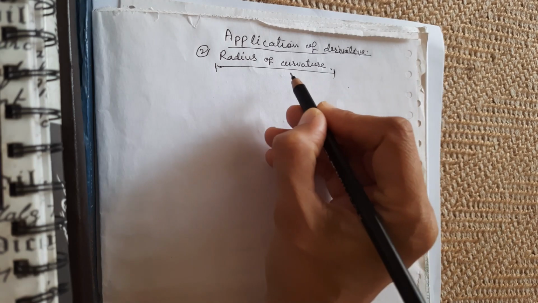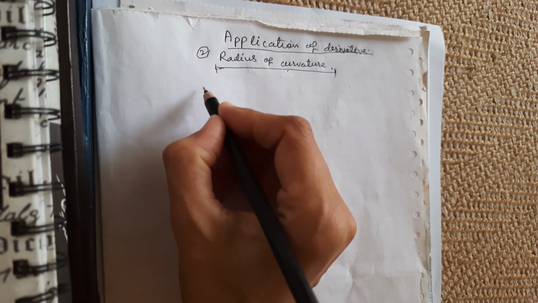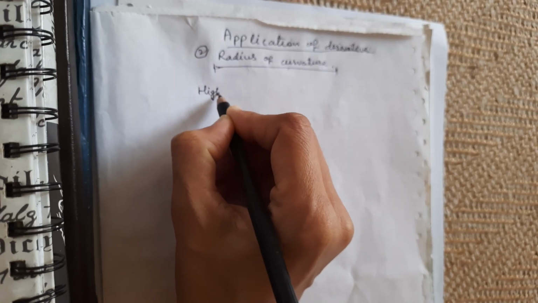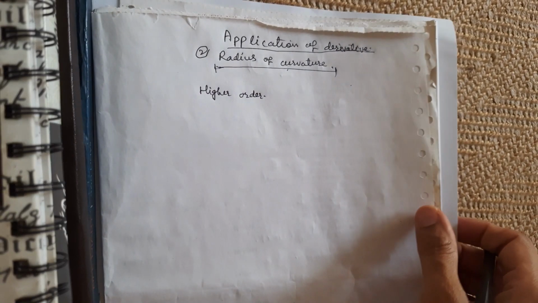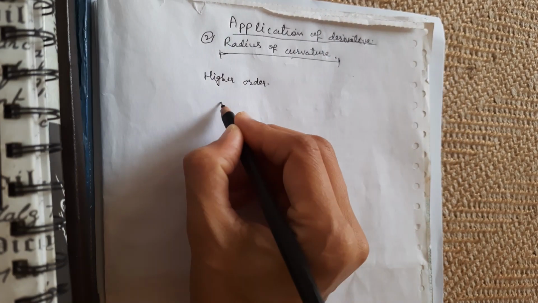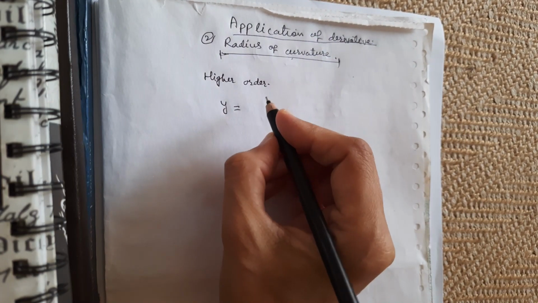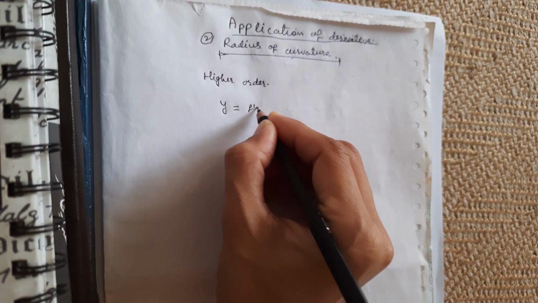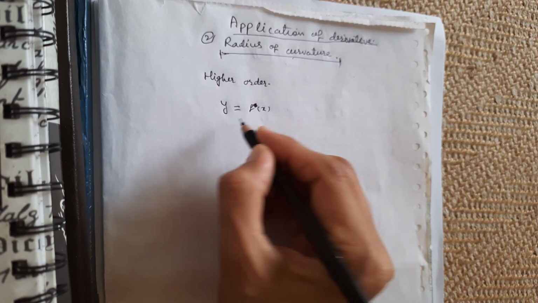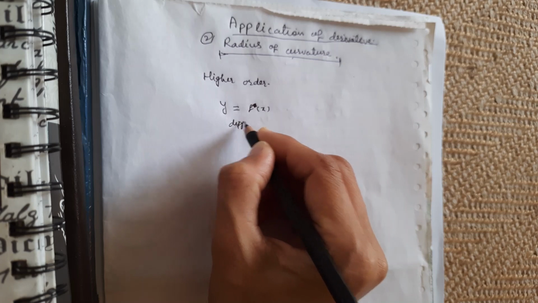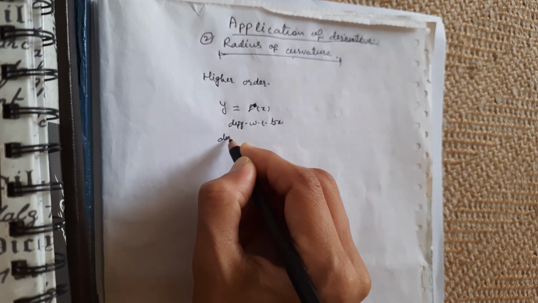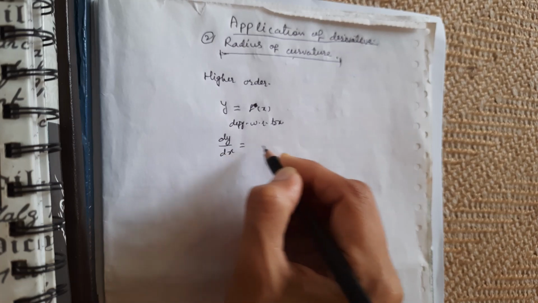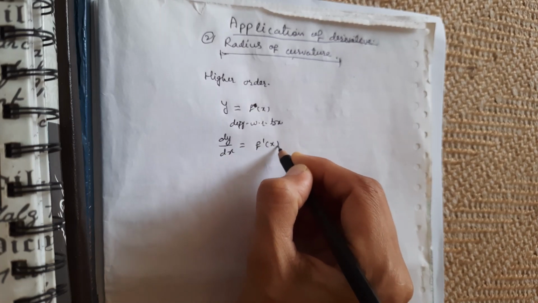But before moving to that, I want to explain the higher order derivative, how we are finding higher order derivative. So higher order derivative is simple. Suppose I have a function y equals f of x. When I differentiate with respect to x, I get dy by dx equal to f dash of x.